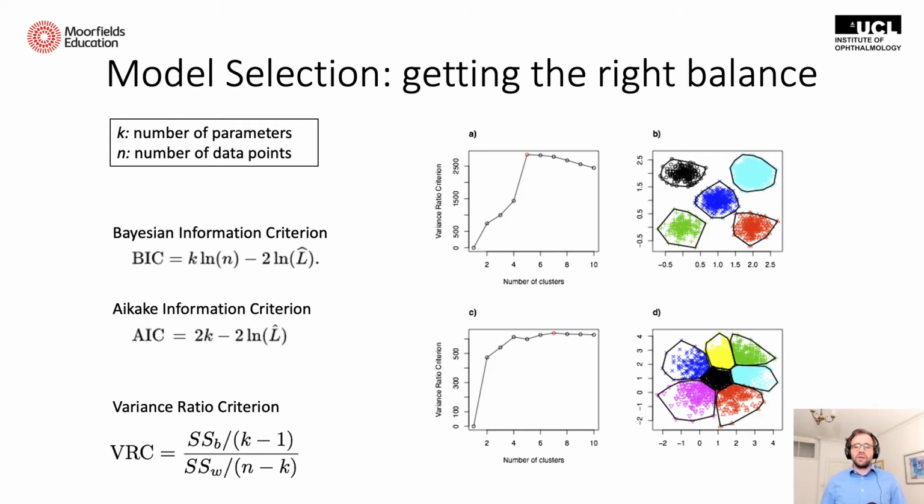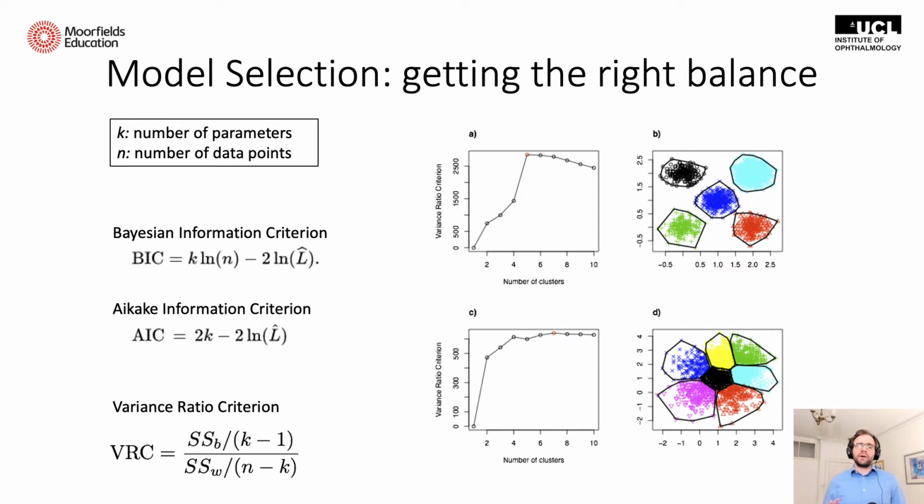So to illustrate how these methods work in practice, I've picked the variance ratio criterion as an example, and I've applied this to a problem which is finding the optimal number of parameters k, which in the case of this problem is the number of clusters in your data. So we're not talking about linear regression here anymore.